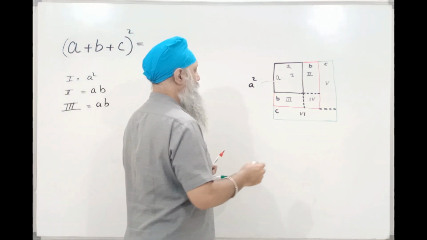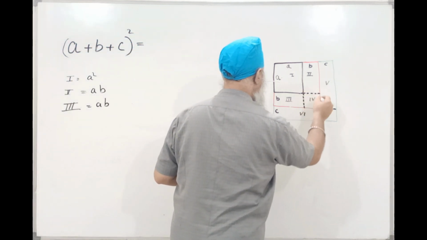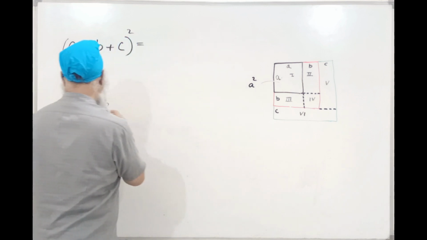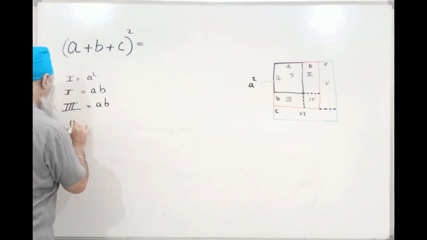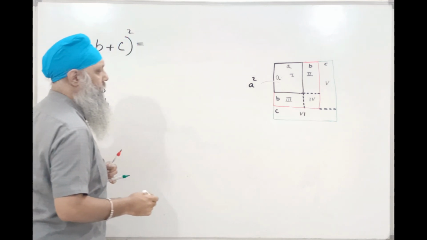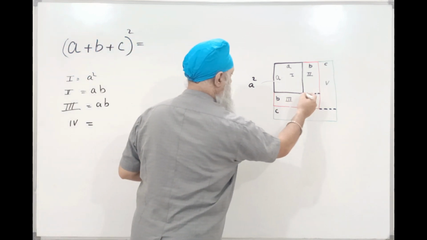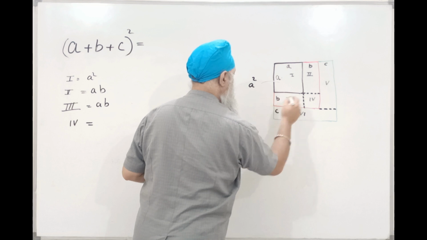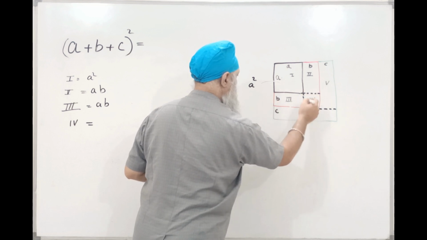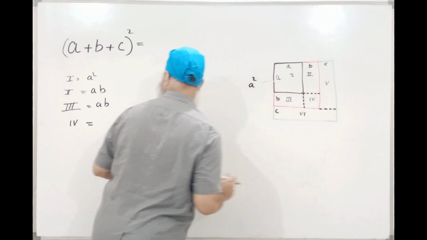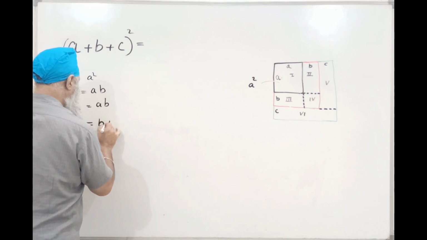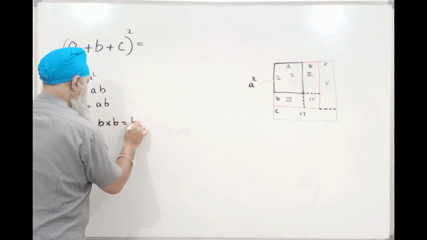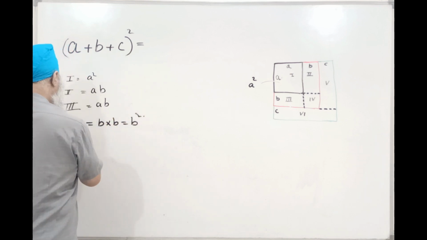And the fourth region: this is B, this is B, so B multiplied by B is B square. So this is the area of the fourth region.